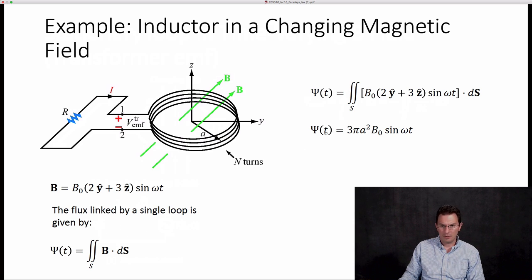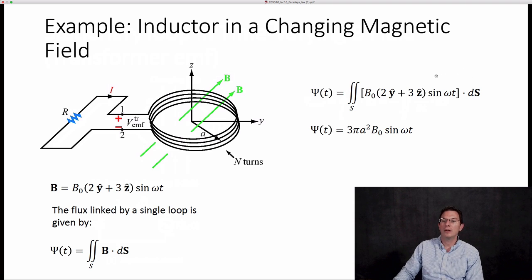So if we plug this expression for B into this integral, we end up with B dot ds integrated over the area. Now recall that ds is going to be normal to the area of the loop, so normal to the cross-sectional area. In this case, ds is going to point only in the z direction.